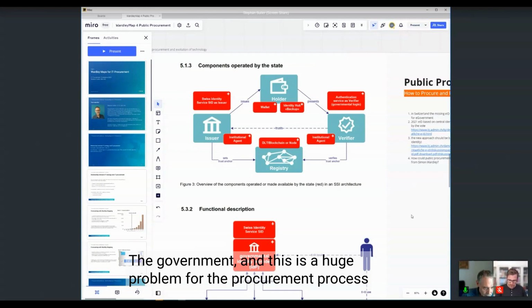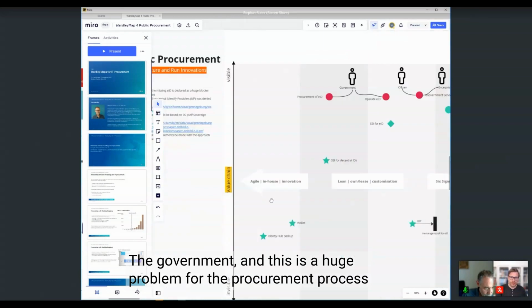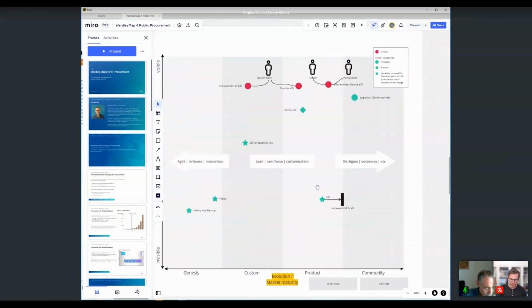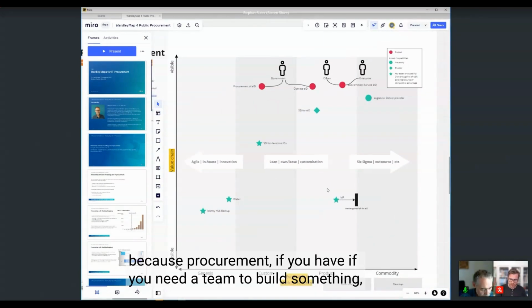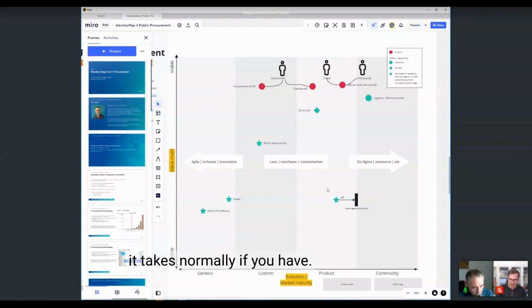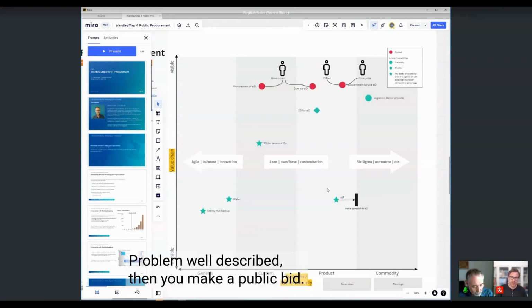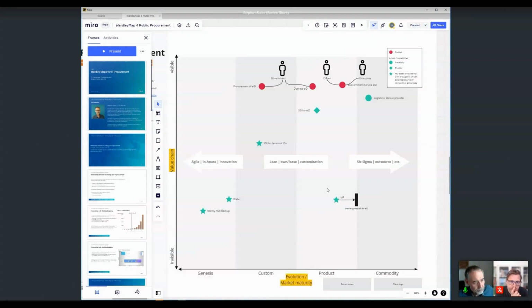And this is a huge problem for the procurement process, because procurement, if you need a team to build something, it takes normally, if you have a problem well described, then you make a public bid.